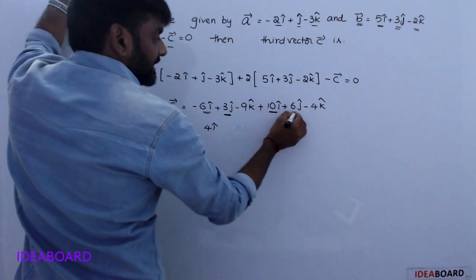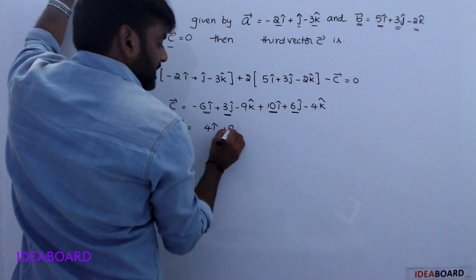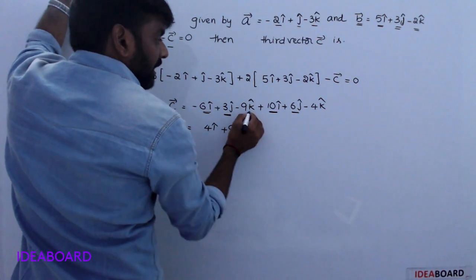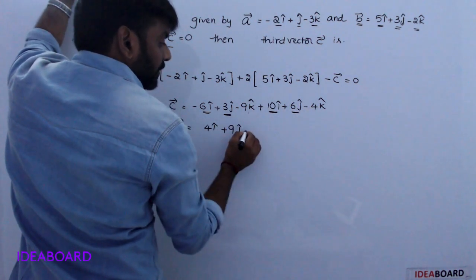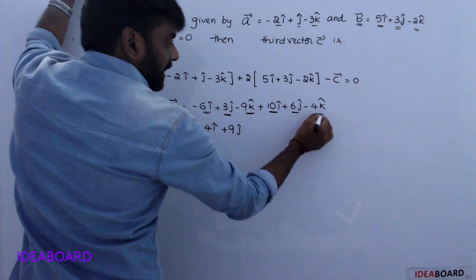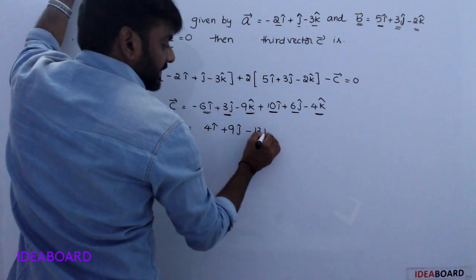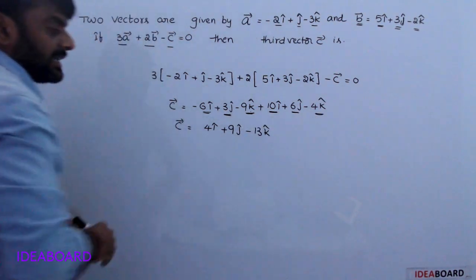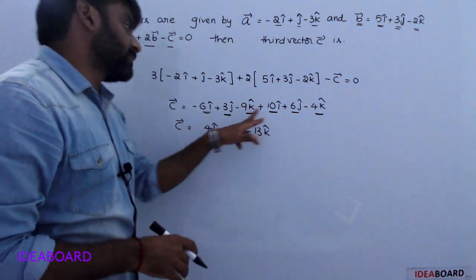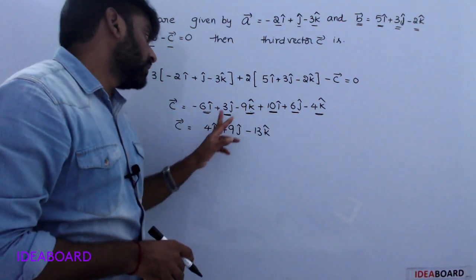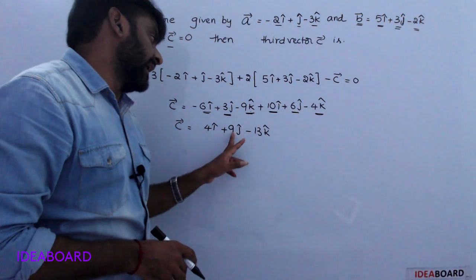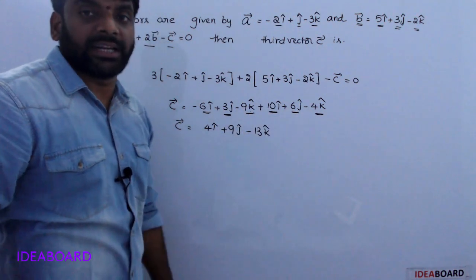Then 3j cap plus 6j cap, plus 9j cap. Then minus 9 minus 4, minus 13k cap.